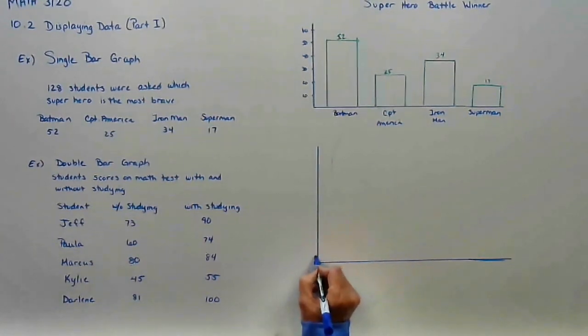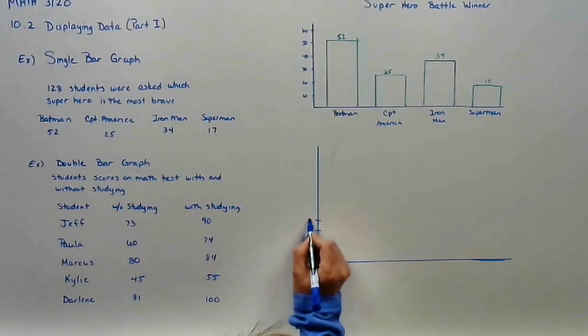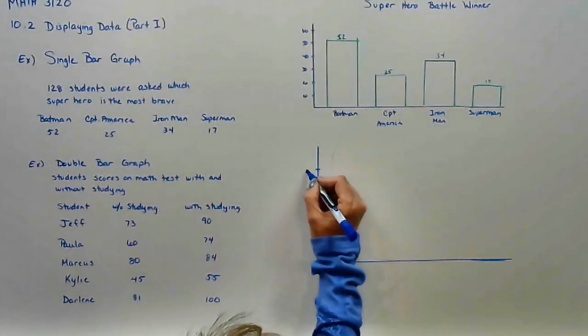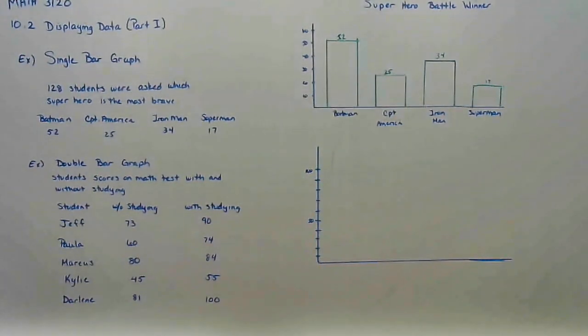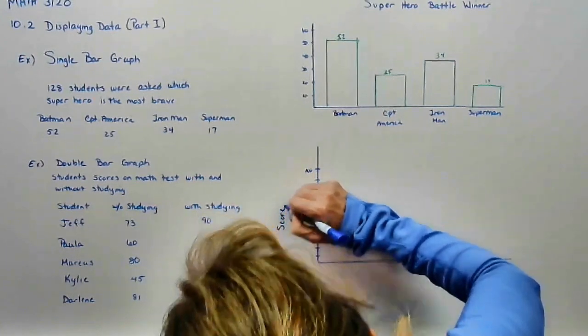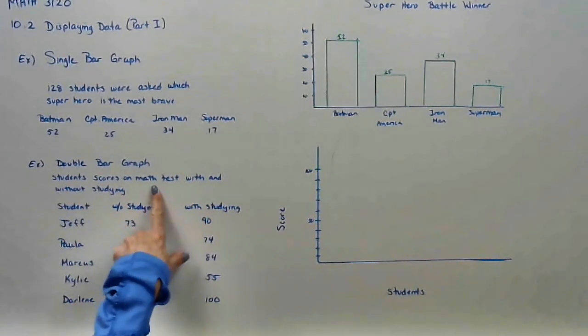I call this 10%, 20, 30, 40, 50, 60, 70, 80, 90. So here's 100% for the score on the test. And down here I'm going to have my students. And I always need to title. Always need to title. So perhaps this is representing the scores on a math test.